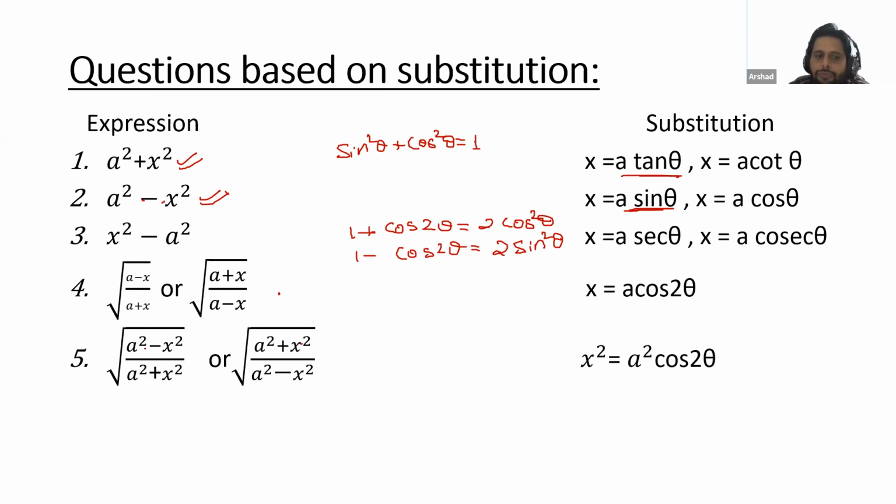In such a case, we will again put a square cos 2 theta. What's the advantage of this? A square we can take common, and then we can put the formula 1 minus cos 2 theta. So all of you, please note down these two expressions also. Then we will check the questions on the basis of this.